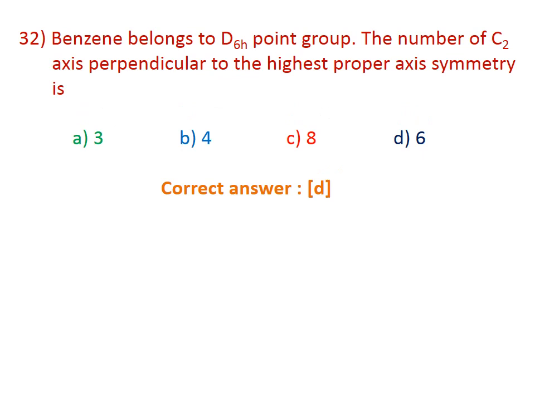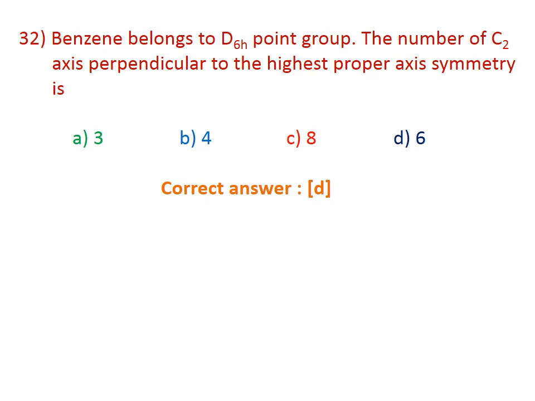32. Benzene belongs to the D6h point group. The number of C2 axes perpendicular to the highest proper symmetry axis is? Here the highest proper symmetry axis is C6. You know very well, the highest proper axis is C6, then 6 C2 axes are perpendicular to the highest proper axis of symmetry.